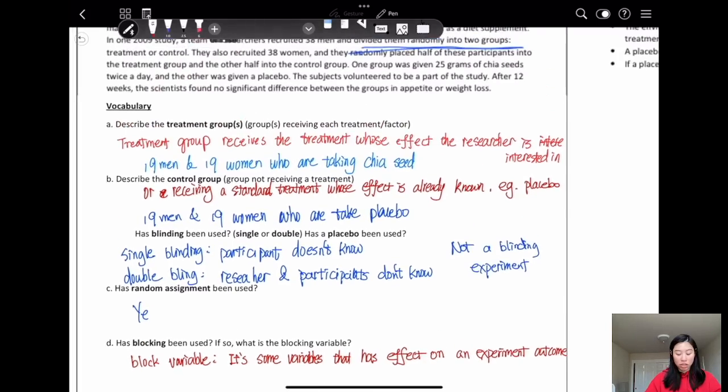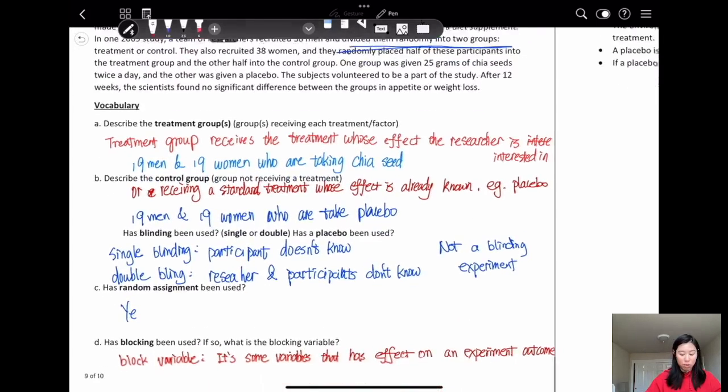So in our case, gender would be our blocking variable.